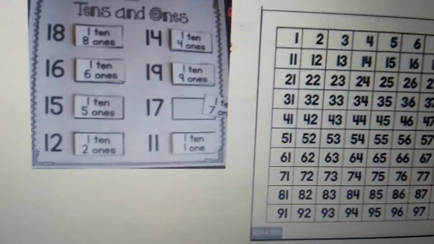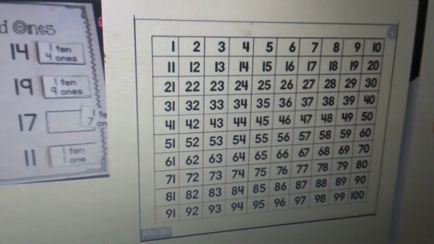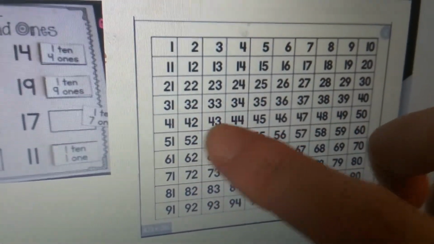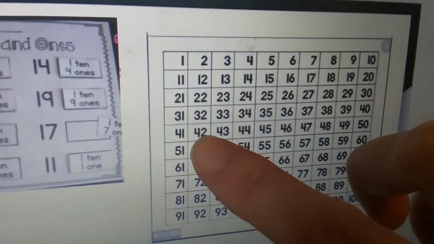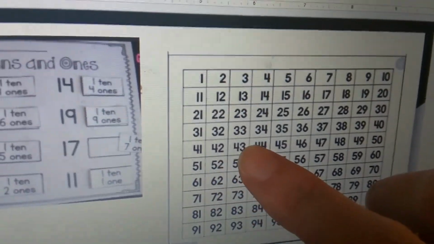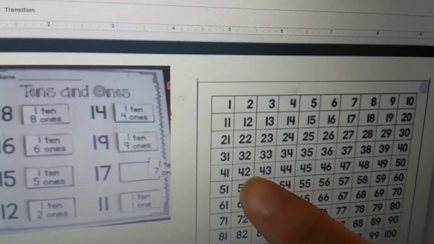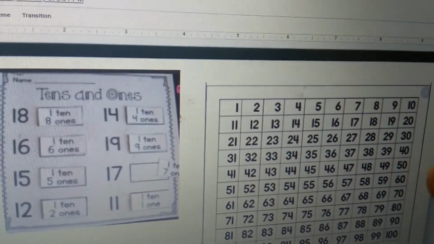And additionally, when we put those numbers together, we're able to recognize patterns. By filling in the blank, you're able to see that as we go across, our tens place stays the same. For example, 41, 42, 43, 44, they all have a 4 in the tens place, but our ones place is going up by 1 as we go across.